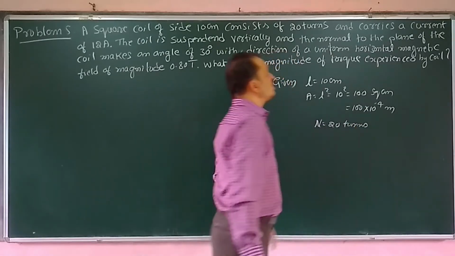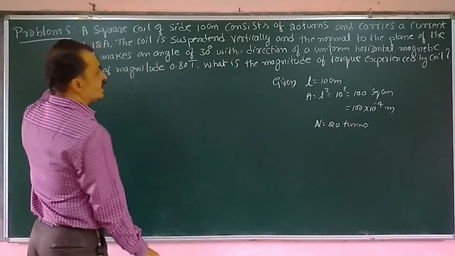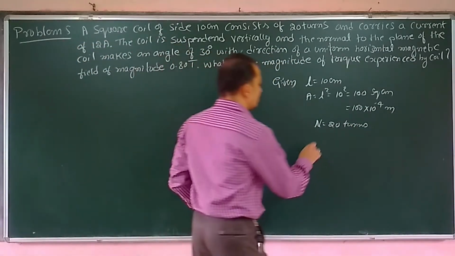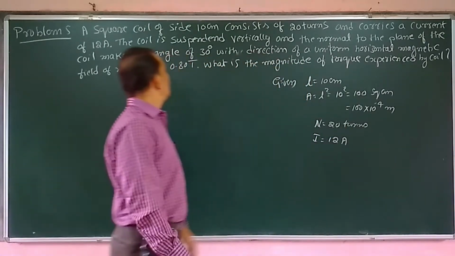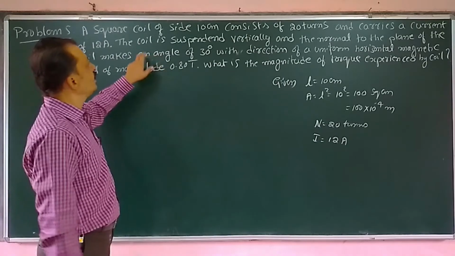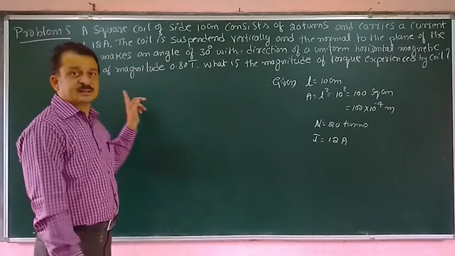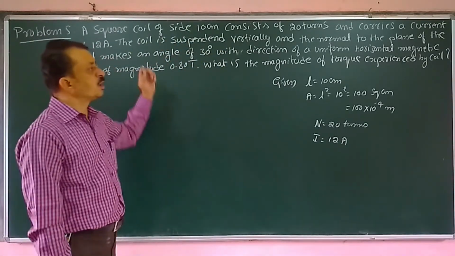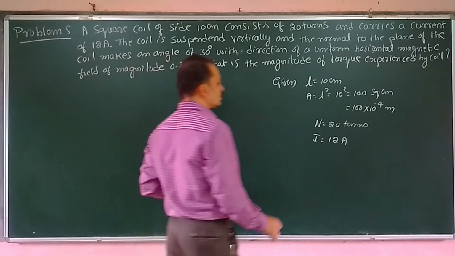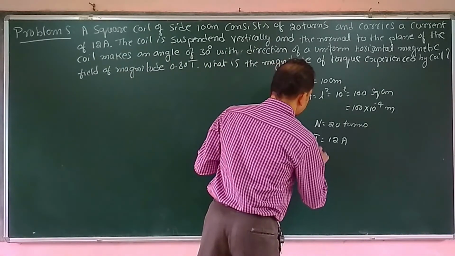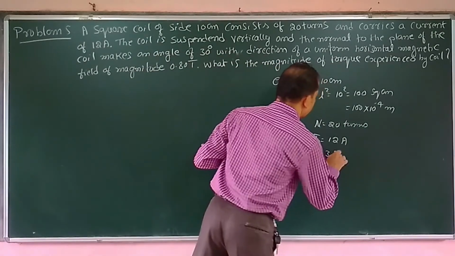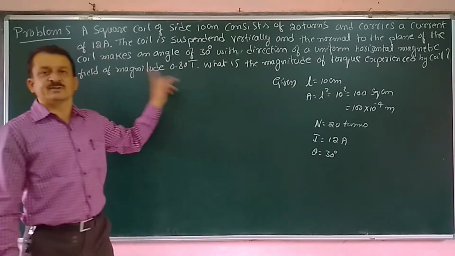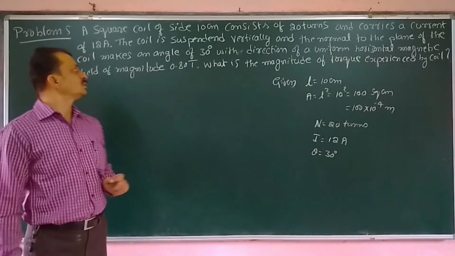That coil has 20 turns. It carries a current of 12 amps and is suspended, and the normal to the plane, just we have told that normal to the plane is nothing but the direction of the magnetic moment, is making an angle theta, that is 30 degree with the direction of the magnetic field.